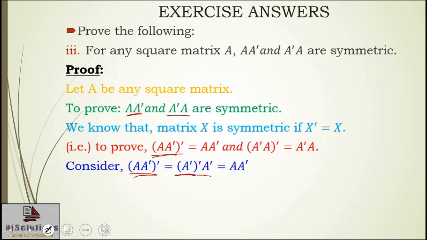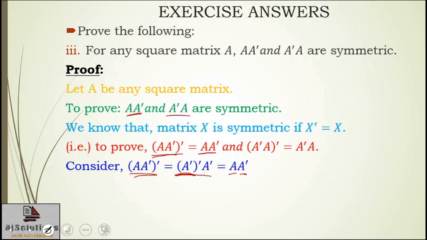And if you concentrate on the first term, that is the double transpose of a matrix, you are going to apply property number 1 of transpose of a matrix. So that will give you A, and this A transpose will remain as it is. And this is the required RHS.